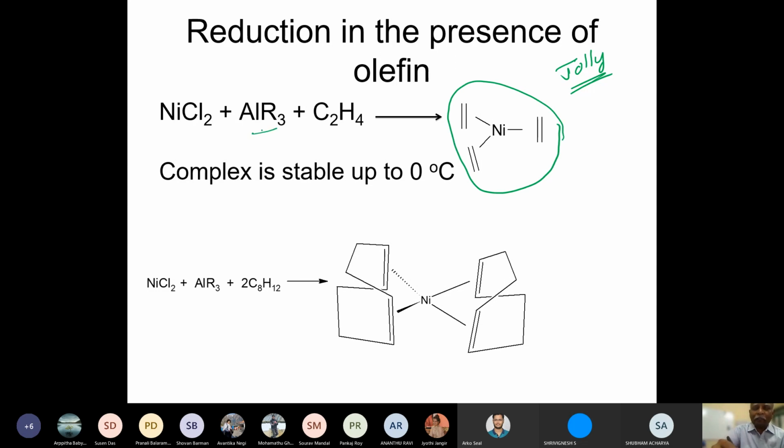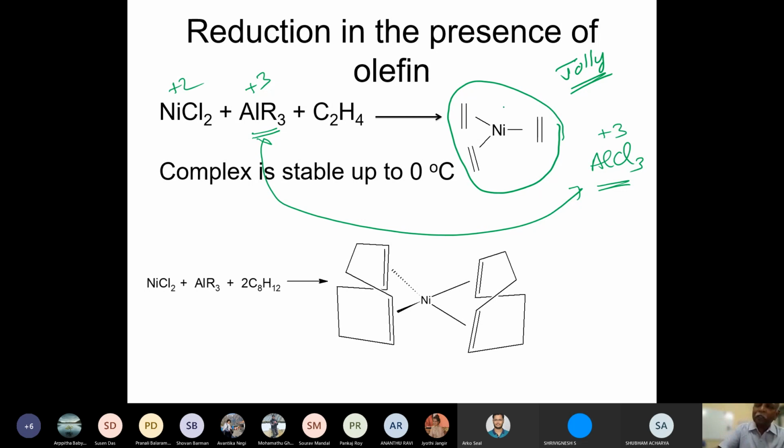And at low temperatures, reducing agents like AlR3 are still very effective, and AlR3 reduces NiCl2. You might be wondering how it is reducing, because AlR3 is just converted to AlCl3. So that's not getting oxidized. Al remains in the +3 oxidation state. Nickel is +2 oxidation state. Nickel is 0 oxidation state here.